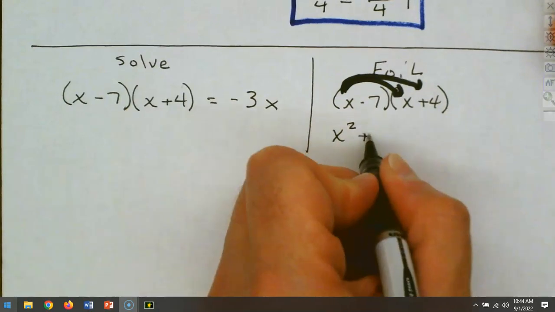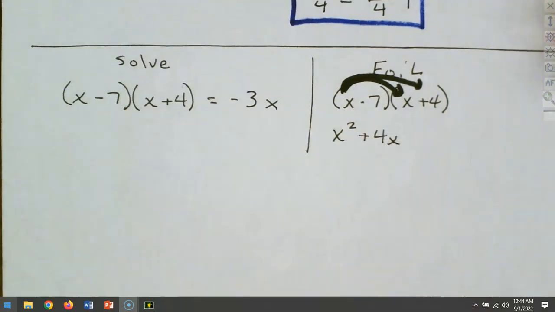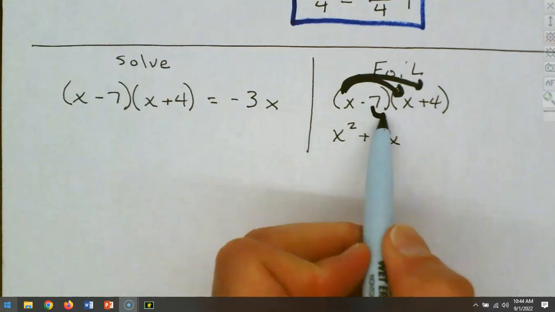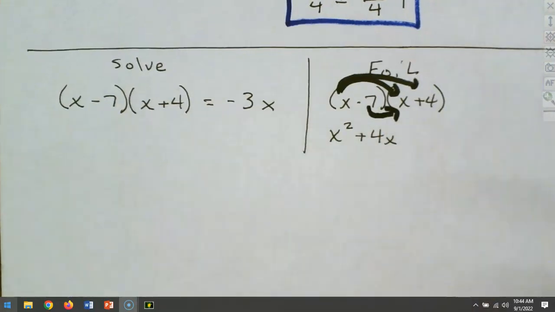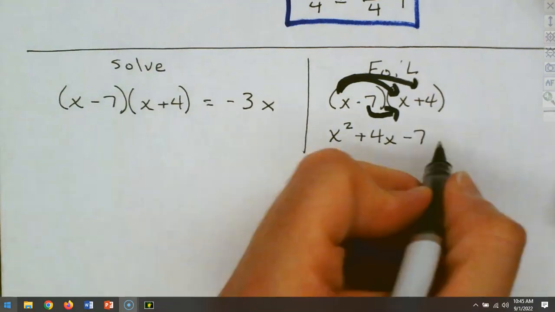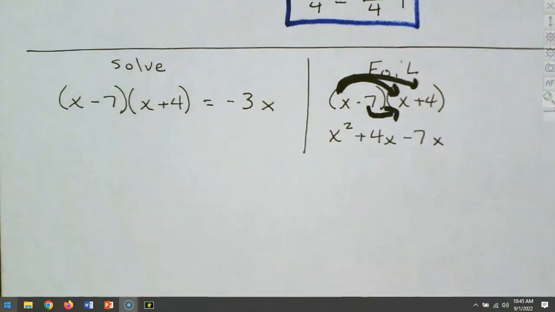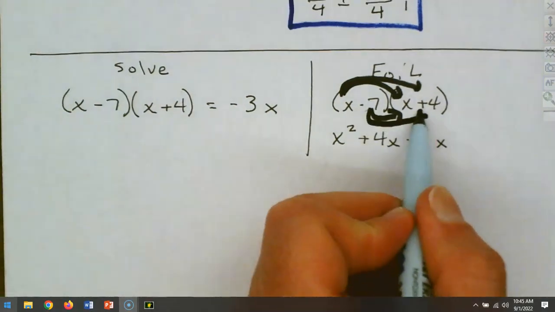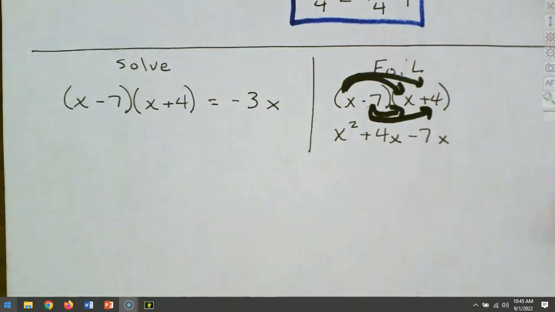That makes it a 4x. Negative 7 times x makes it a negative 7x here. And then last times last, that makes that now a negative 28.